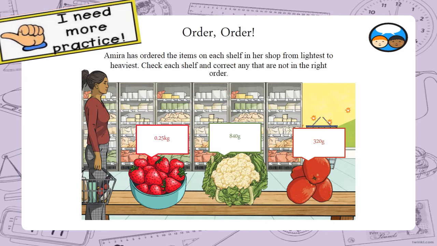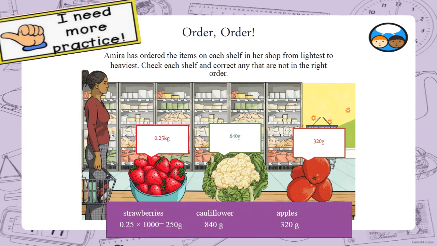0.25 kilograms. How do we make it grams? We multiply by what? By 1000. Good. So 0.25 multiplied by 1000. Shift it 3 digits to the right. This is 250 grams.